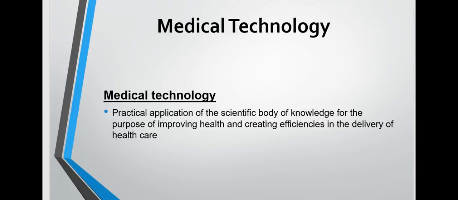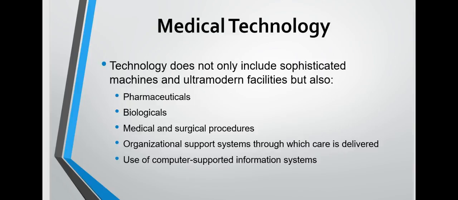Nanomedicine is a new era still in its infancy, which involves the application of nanotechnology for medical use and the application of technologies to improve the structural elements of healthcare delivery. So this would include information systems, facilities and settings, and organizational arrangements. So let's see the next slide.